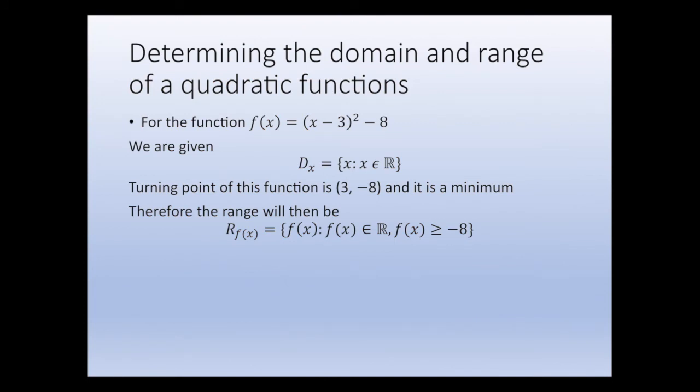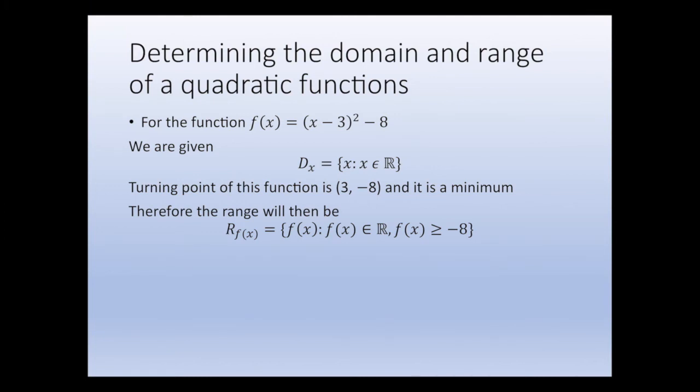Now, we need to determine the domain and range of a quadratic function based on the turning point form. For the function f(x) equals (x minus 3) squared minus 8, the domain is such that x is an element of the real numbers.